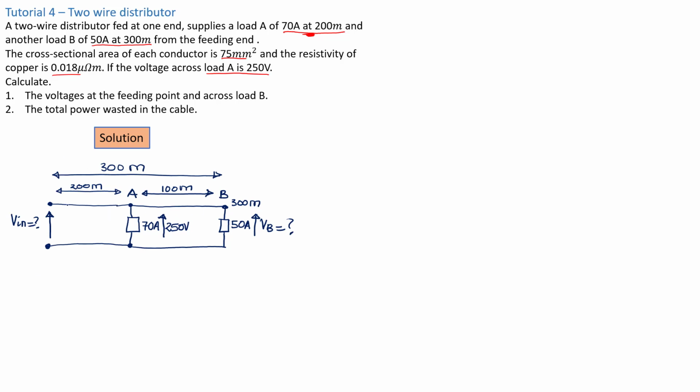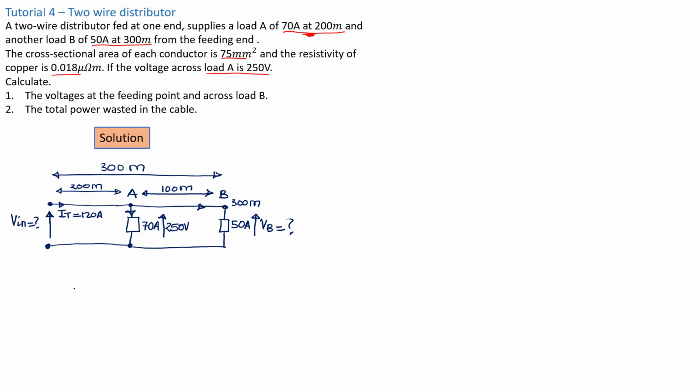There is a current here that is 70 amp, and there is another current going here that is 50 amps. So basically we have a current here, IT, which is the sum of these two currents, 120 amps. So that's 70 amp plus 50 amps. So 120 amps is passing through this first section here, and 50 amps on the second section.